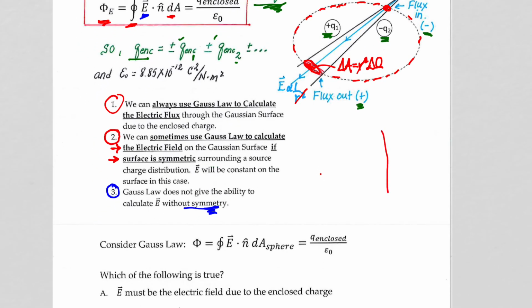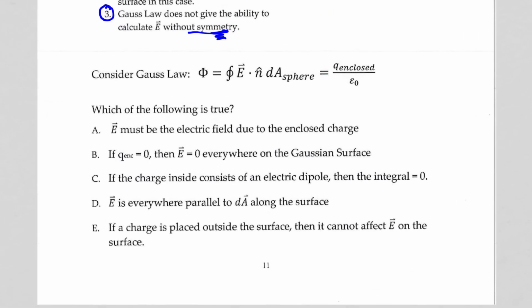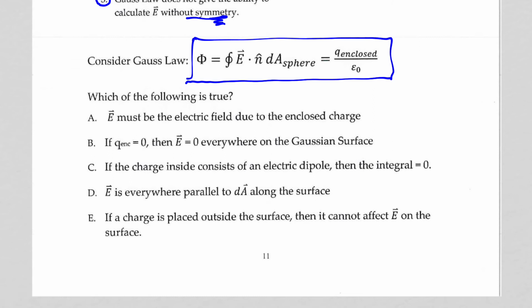So I added one little bit to the notes here, an example question, because I found students have struggled a little bit with this concept at this point. So let's go through this together. And we're going to consider Gauss's law and talk about which of the following is true. So based on Gauss's law only, based on this equality only, is it true that the electric field in this equation is due to the enclosed charge only?